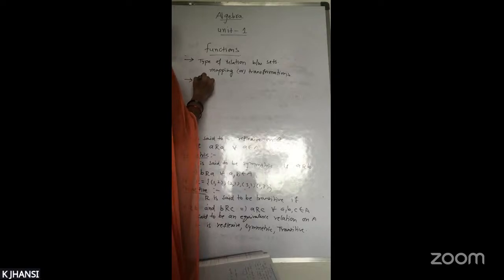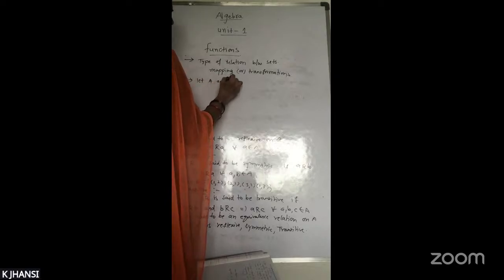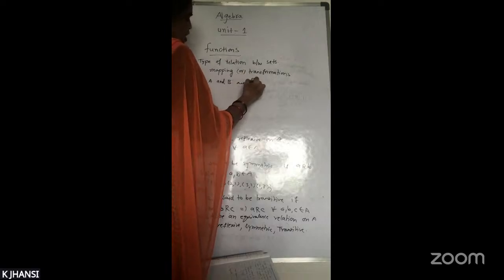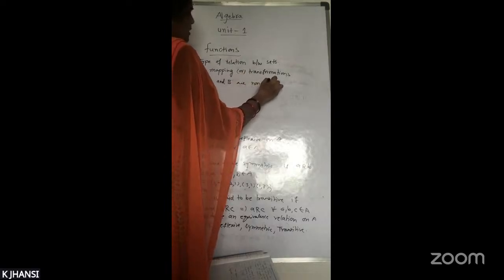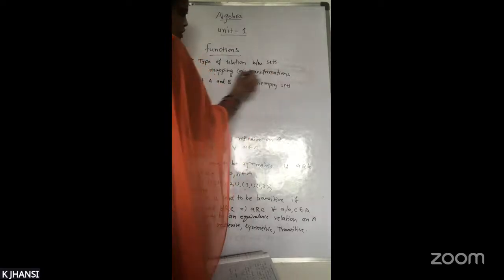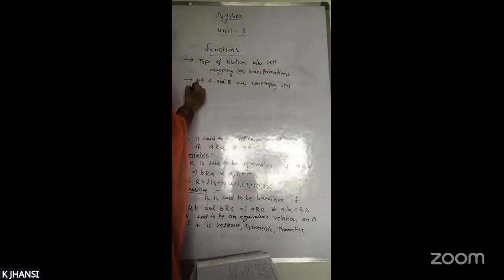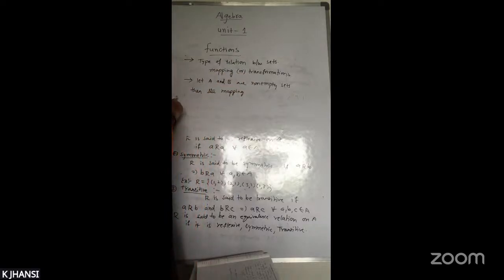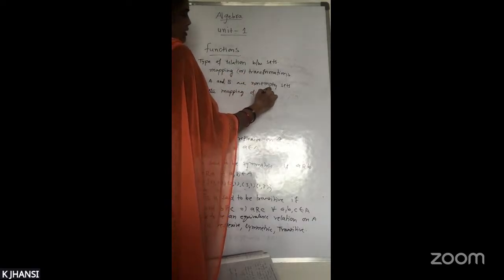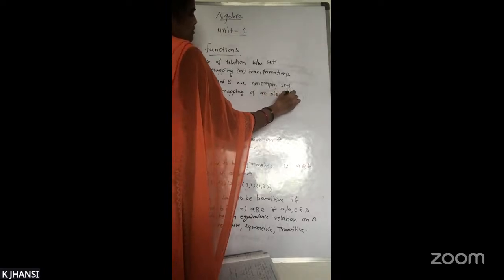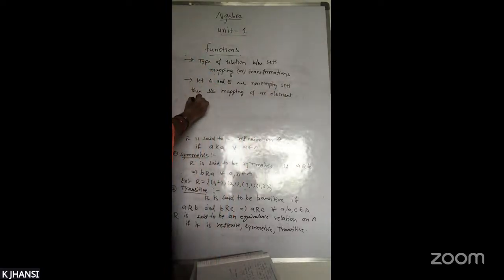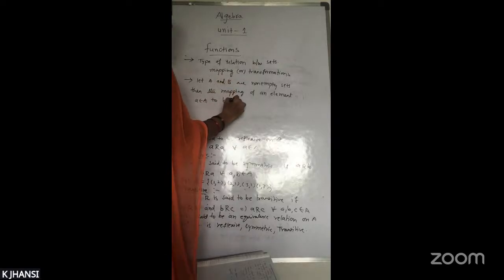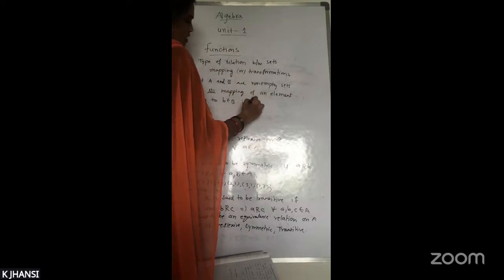Let A and B be two non-empty sets. Non-empty in the sense they have some elements. Then the mapping of an element a belonging to A to b belonging to B is known as a function.